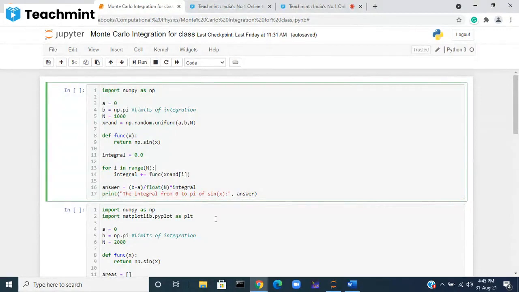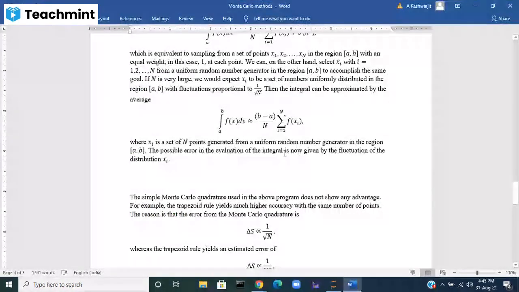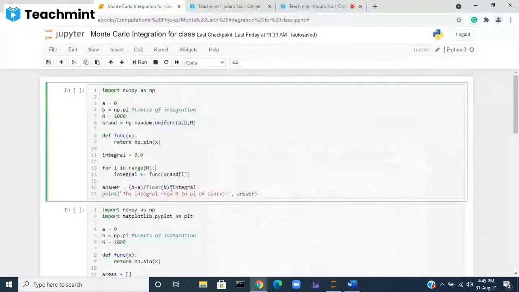The values of the function are added up as a summation. So we initialize the integral to 0, but this is the sum, not the integral.